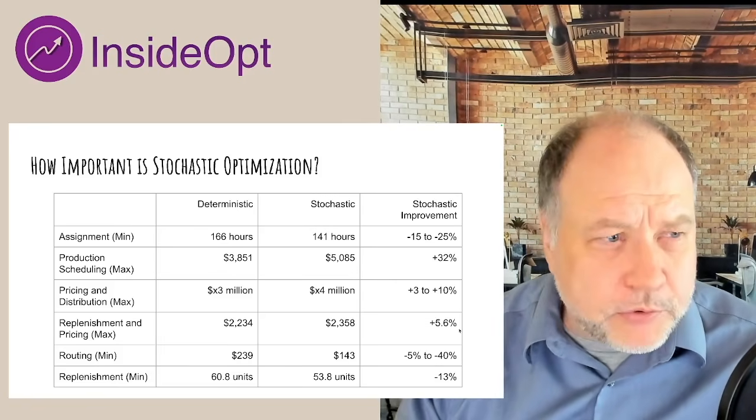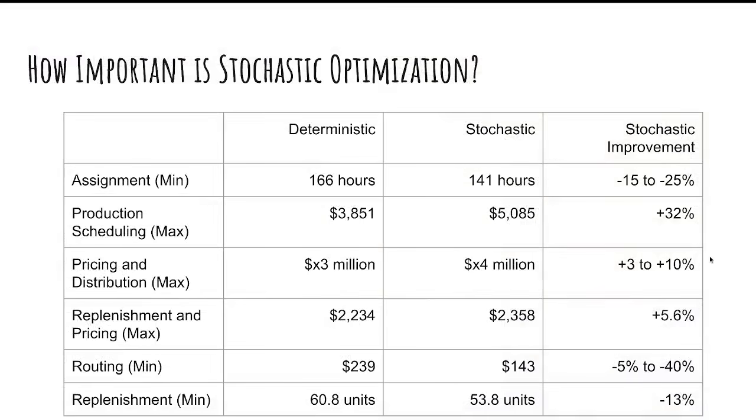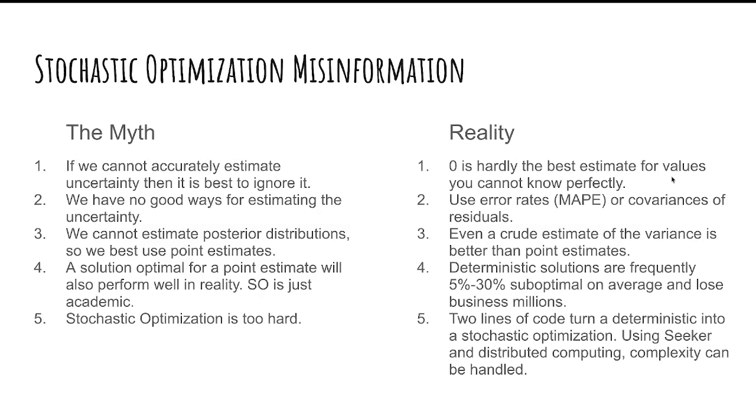So let us close with the typical myth that people like to distribute and misinform you about on why you should not be caring about stochastic optimization. Typically, the mantra goes as follows. We cannot accurately estimate the uncertainty, so it's best to ignore it.